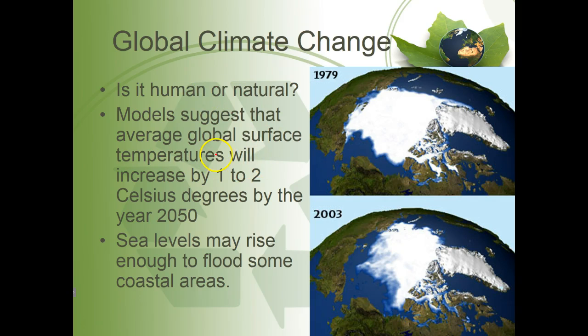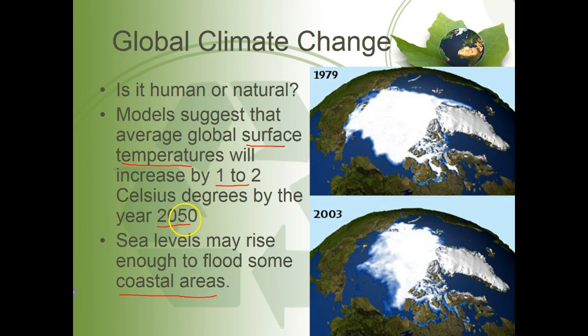Also, the more light and UV get through, the higher our surface temperatures are going to be, and there are models that suggest by the year 2050, which really isn't that far away, the average or mean surface temp is going to increase by 1 to 2 degrees Celsius. Now I know 1 to 2 degrees Celsius doesn't seem like that big of a jump, but a 1 to 2 degrees Celsius change can actually melt a lot of the polar ice caps, which are going to flood a lot of the coastal areas, because I think it's like 90% of the human civilization is living on or near the coast.